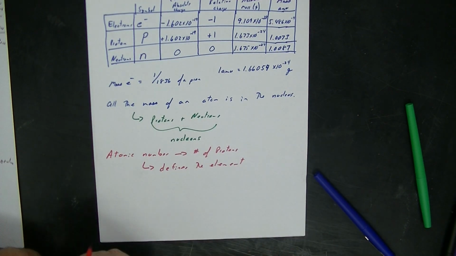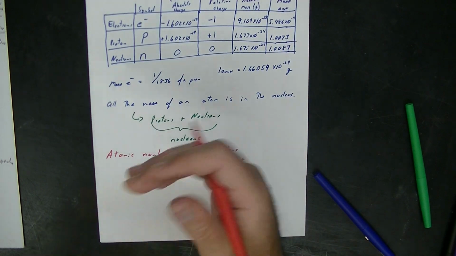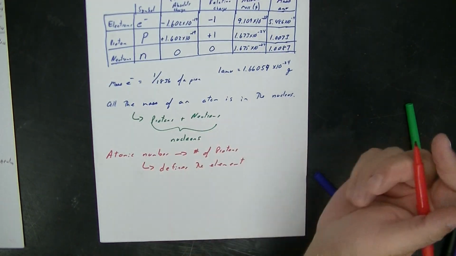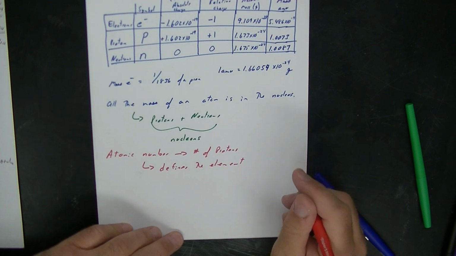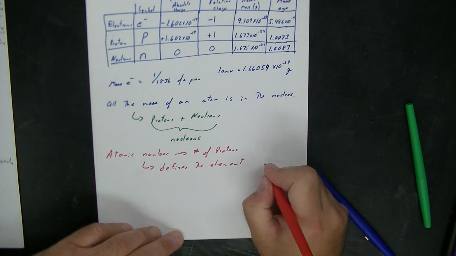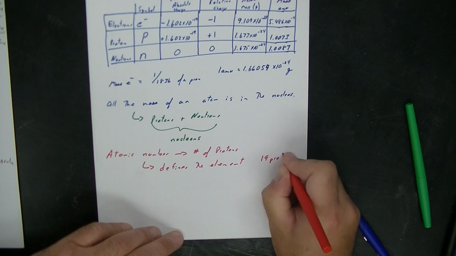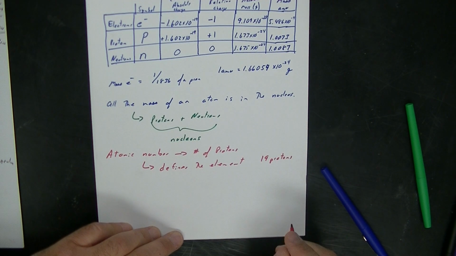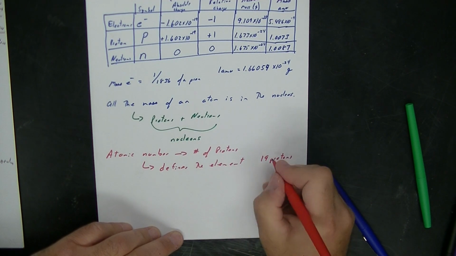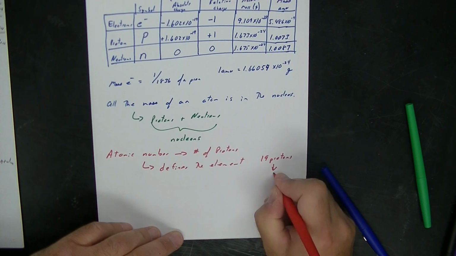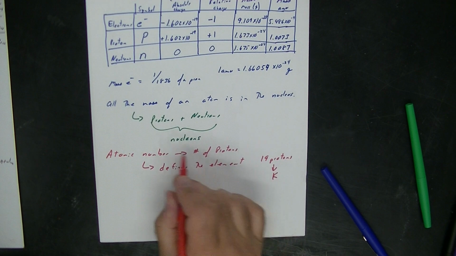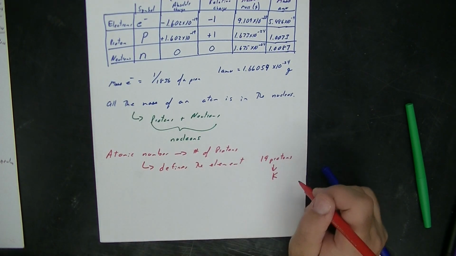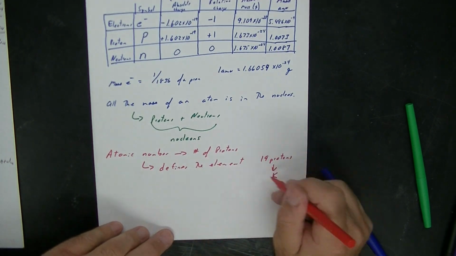So if I go out into the field out back and I dig up some element and I test it, and it has 19 protons. Well, if it has 19 protons, it has to be potassium. So the number of protons, or the atomic number, tells us what element it is.